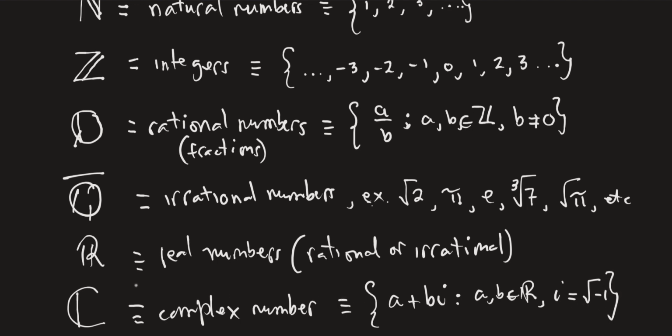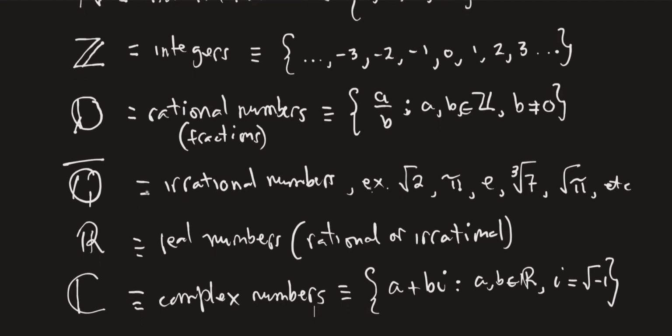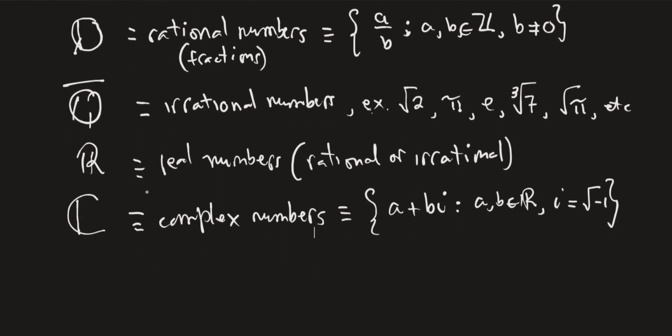And we will not use complex numbers in this particular course, but I just wanted to give you a complete set. Now, what's interesting is that these sets are not disjoint or mutually exclusive.